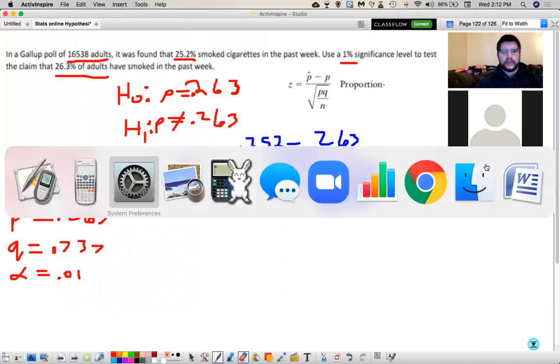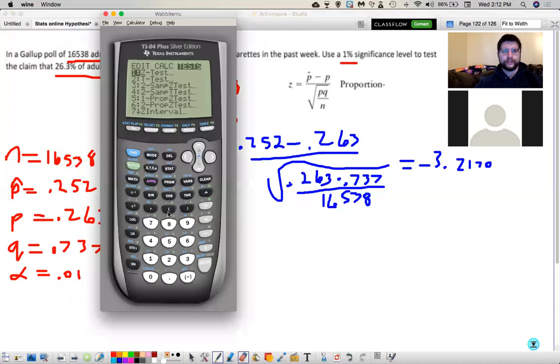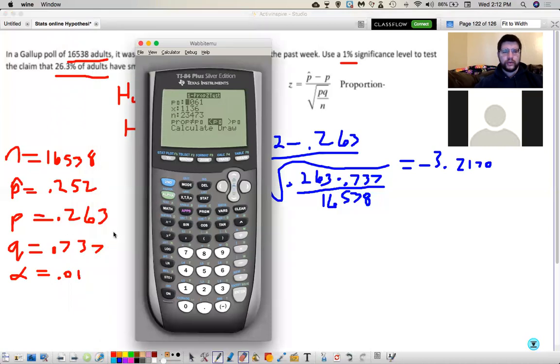And I'm going to use the TI just to check it. Make sure I have the right test statistic before I move on. So P 0.263, X. Okay, TI users, this is where I was telling you, we don't know what X is.